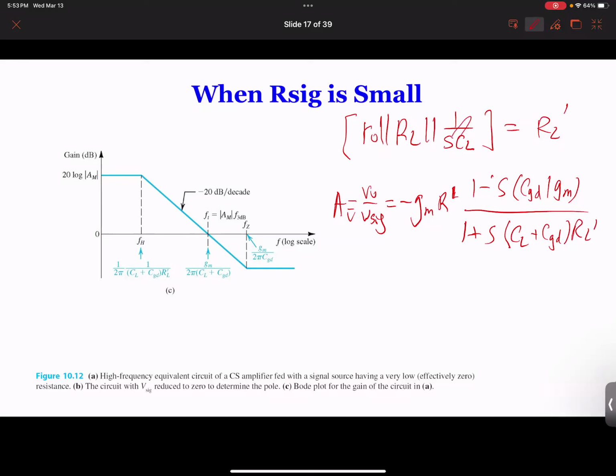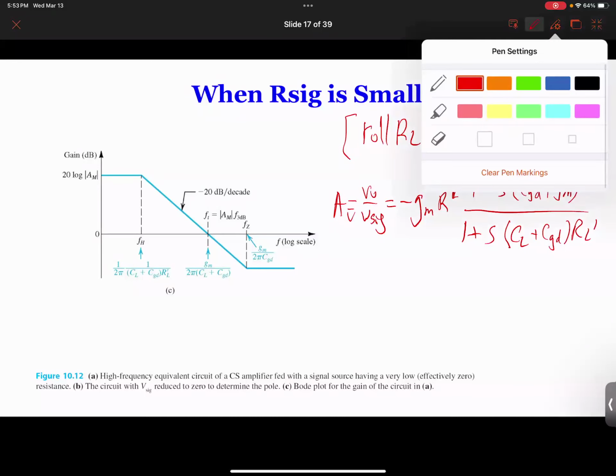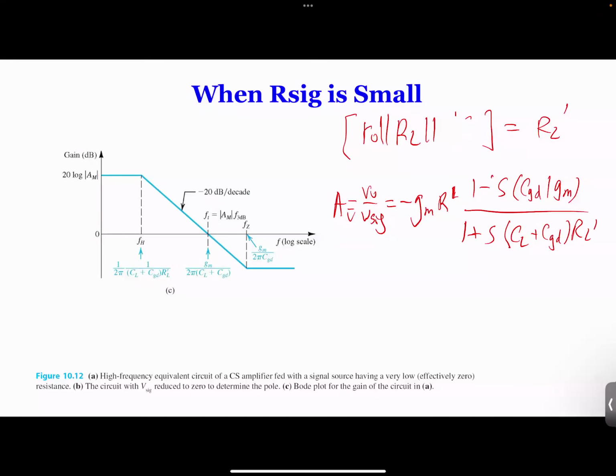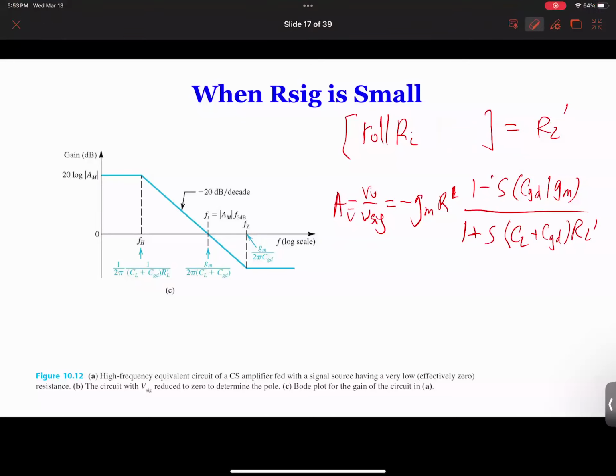Now I want to take it back: in this case, they did say that RL prime is this, not including CL.